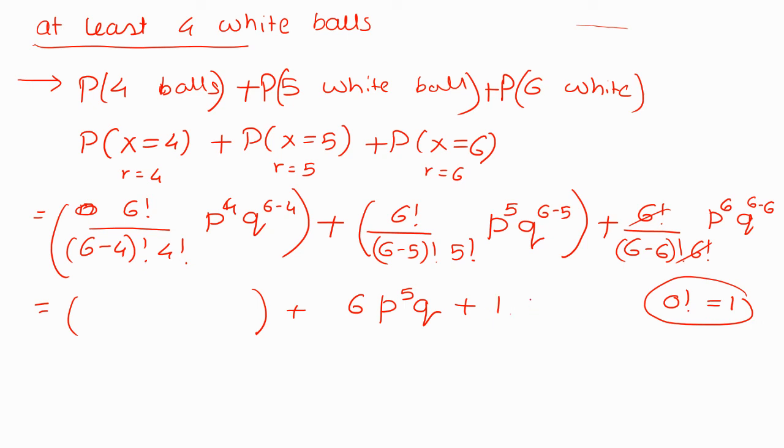So this will be 1 into p raised to 6. And the p value is 3 by 5. So when you solve this further you will get an exact answer. That will be your final answer for the probability of at least 4 white balls.